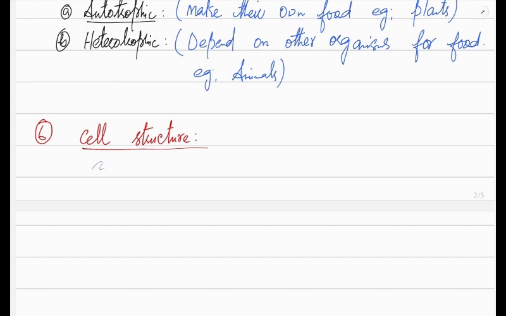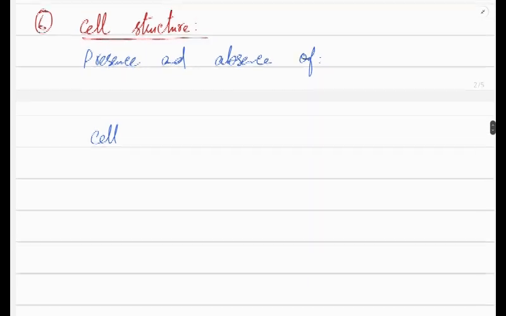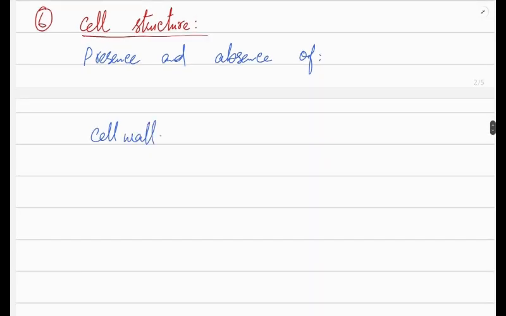Like the presence and absence of cell wall. In plant cells, cell wall is present. In animal cells, cell wall is absent. Presence and absence of chloroplast, presence and absence of vacuoles, centrioles, etc.